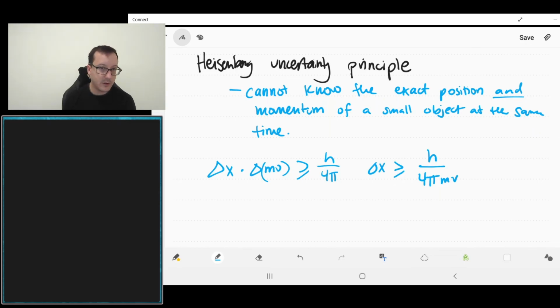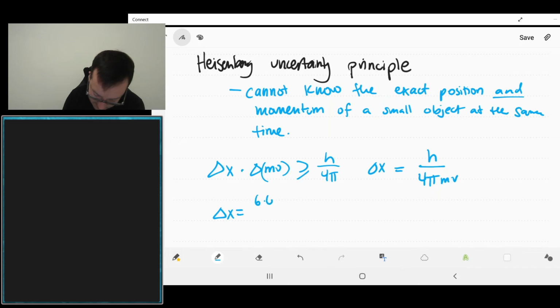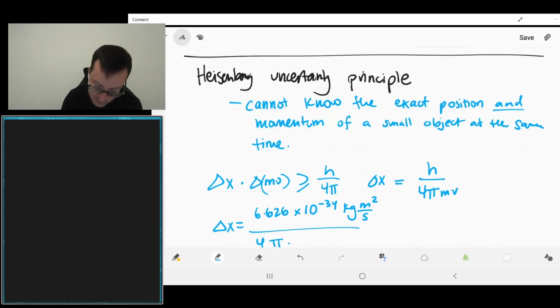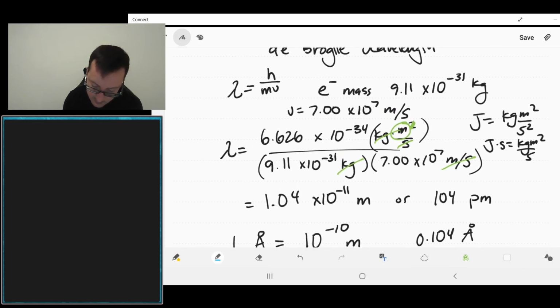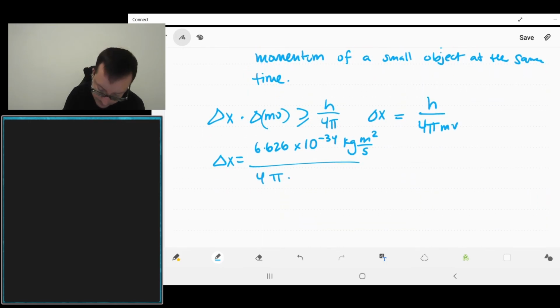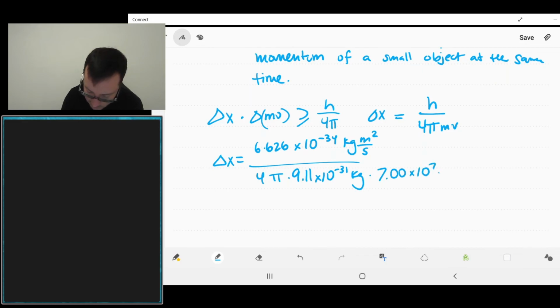And so we'll just go ahead and use this, and we can make this an equal sign. We can approximate it. If we do this for the one that we just did: 6.626 times 10 to the negative 34, over 4 pi times, what did we have for m and v? 9.11 times 10 to the negative 31, and 7 times 10 to the 7th meters per second.